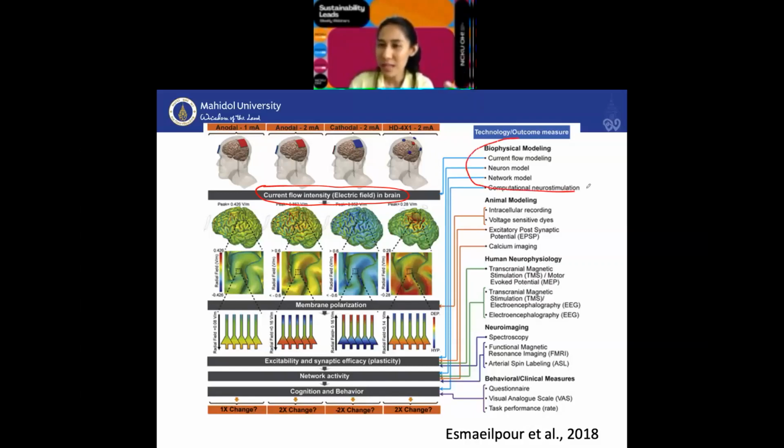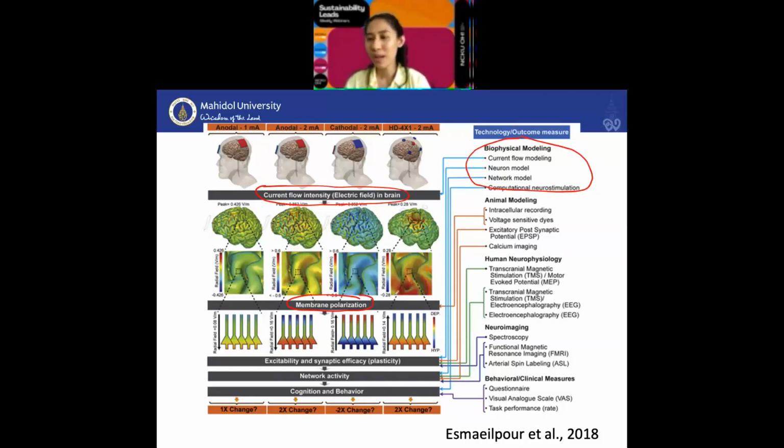Only this kind of measurement is available to measure current flow intensity in the brain. But after that, when you induce an electric field in the brain, what happens after? You can modulate the membrane polarization, right? So when you modulate the membrane polarization, how can you measure it?